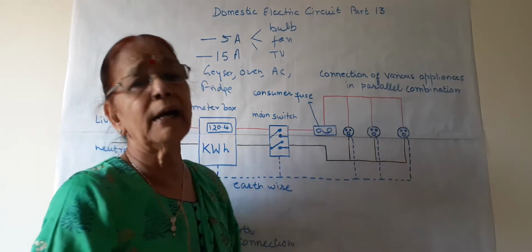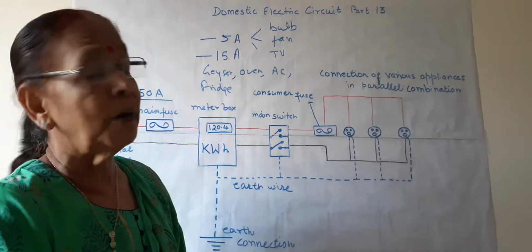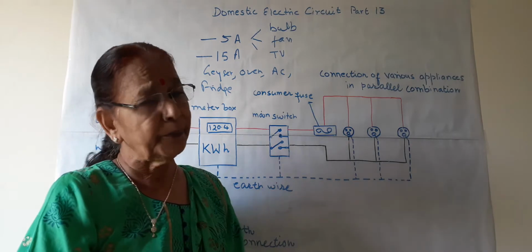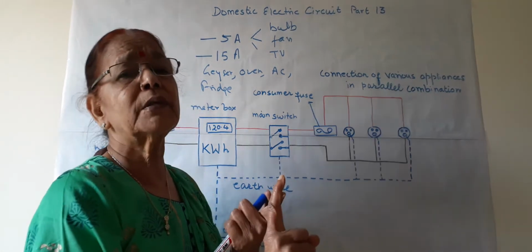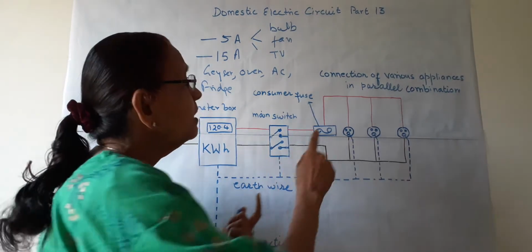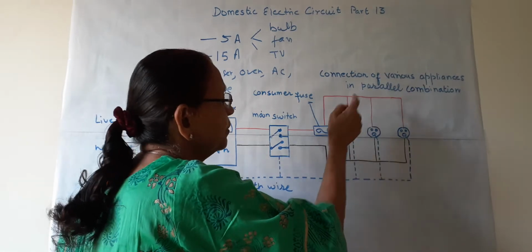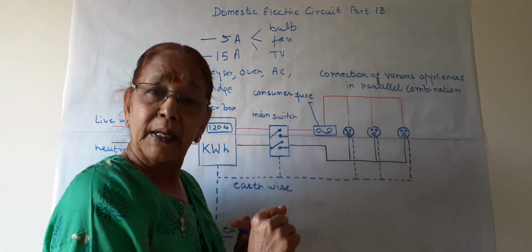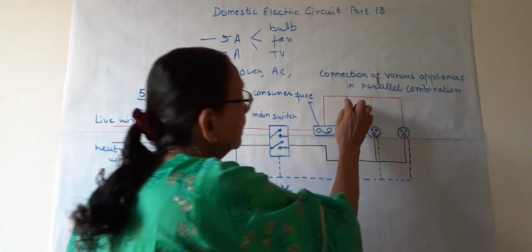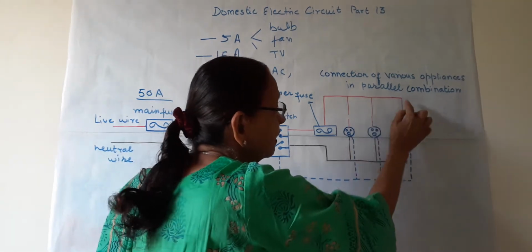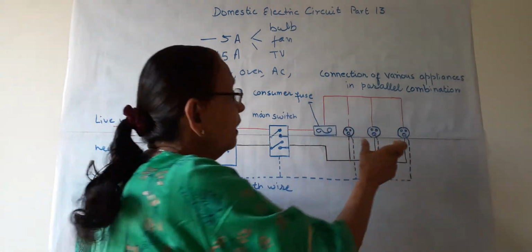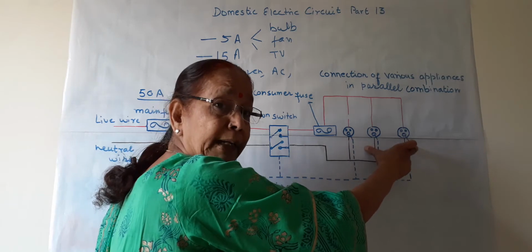So what are the advantages of parallel combination in domestic circuits? The first and foremost advantage is, suppose this is damaged. The first one is damaged, but the current can go to these. These two will be operating.